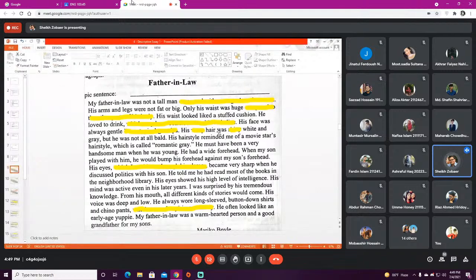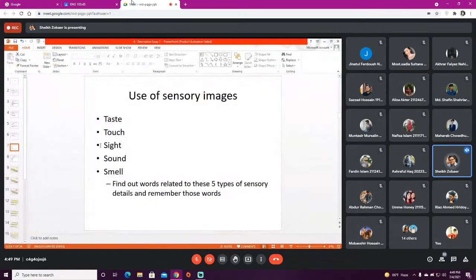Now again, whenever you see a noun, you see an opportunity to use a modifier to add more information. His wavy hair was shiny white. Now wavy and shiny, these are associated with sight. You can see shiny hair, you can see wavy hair.